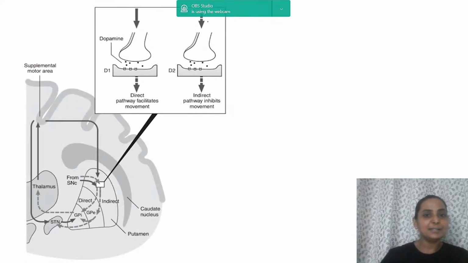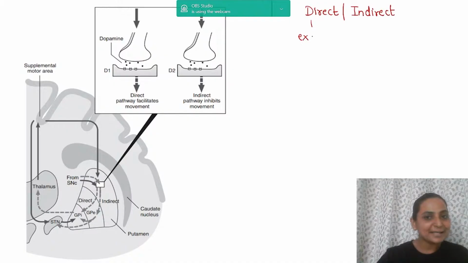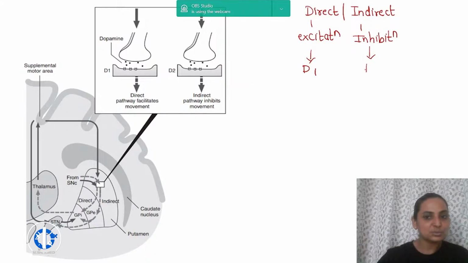Now we will study what we call the direct pathway and the indirect pathway, which are important for the excitation and for the inhibition, or the start or the stopping of movements. And let me tell you that this is via the D1 dopaminergic receptors and this is via the D2 dopaminergic receptors, right?